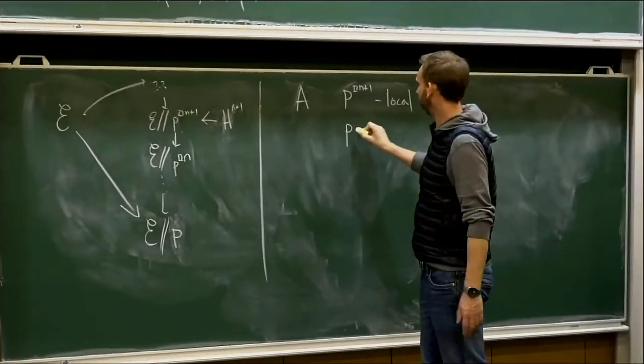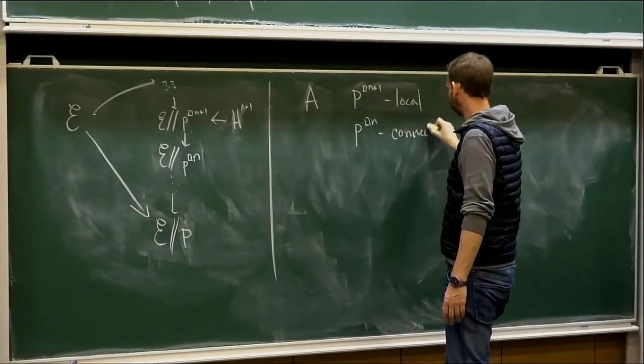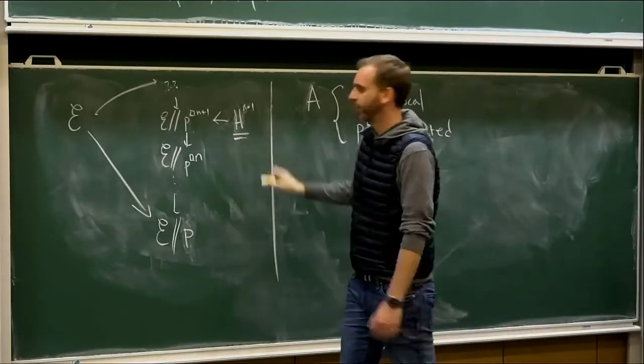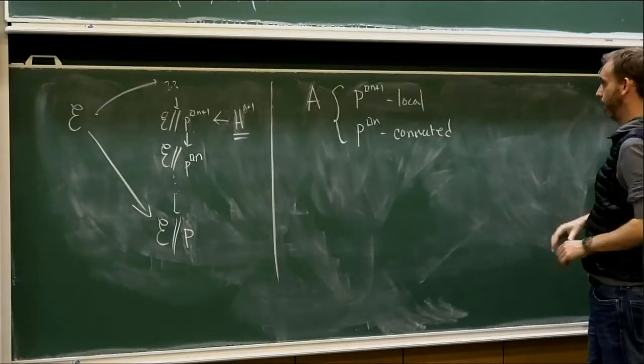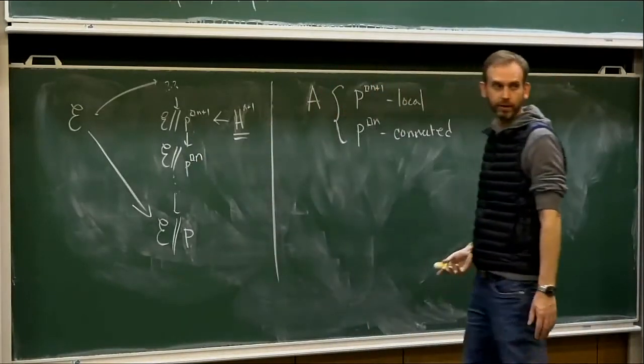I can also think about the types which are P and connected. If I have these two conditions, that's what I'm thinking of as the fiber. In Goodwillie theory, people call these the layers of this tower.